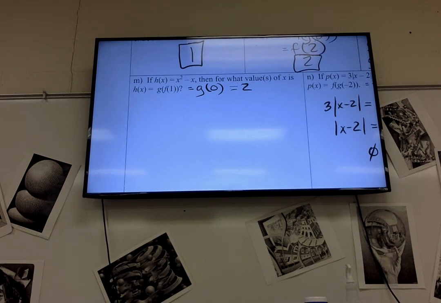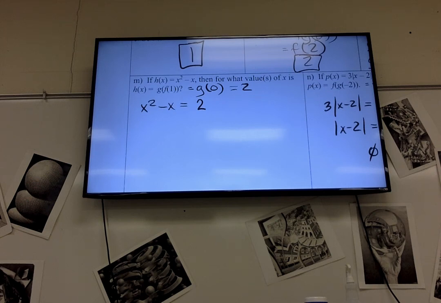So that means we take x squared minus x equals 2. How do we solve that? Do you have to get that x on the other side, and then what? Divide by 2 or x?